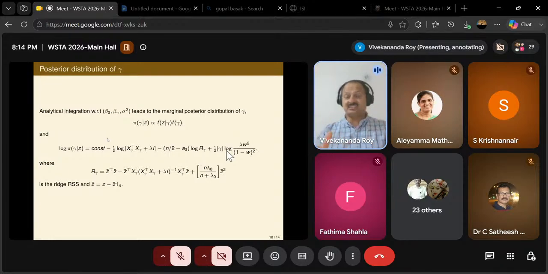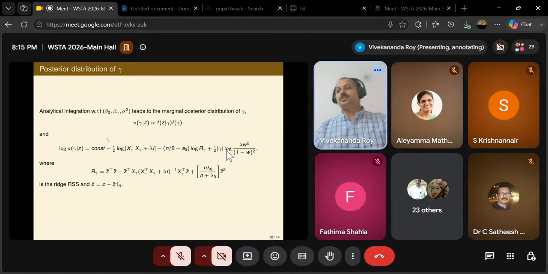So it's a discrete distribution. Pi of gamma given z lies on a space whose cardinality is 2 to the power p. And as you can see, it increases exponentially, and around p equal to 79, you already hit Avogadro's number, right? In fact, for p more than 30, you cannot do complete enumeration. We'll be talking about examples where p is in millions.